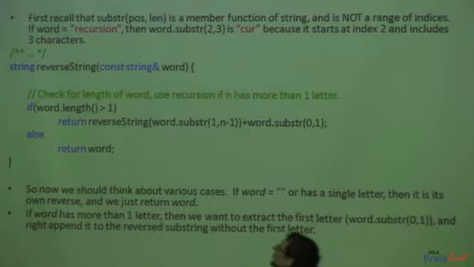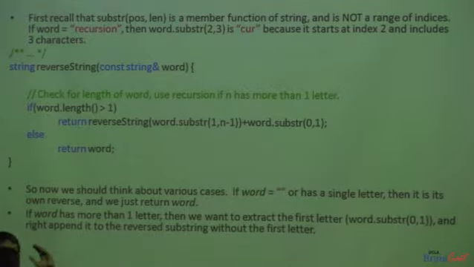Now, here is our function reverse string. There are a couple different aspects to this, and the first one is a very important one: from the beginning, I need to specify what happens when the word has no characters or has 1 character. If it has 1 character or no characters, what do I do to reverse?